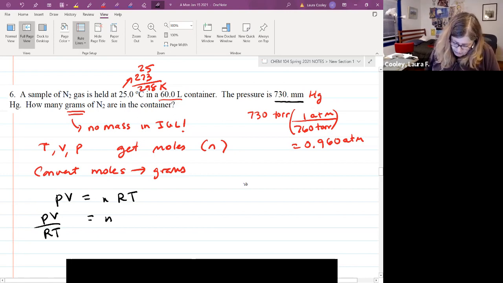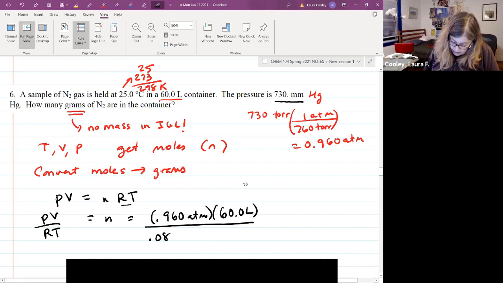So make sure you divide both sides by RT to get the moles. So n would be, let's see, PV over 0.08206 liter atmospheres per mole Kelvin times 298 Kelvin.